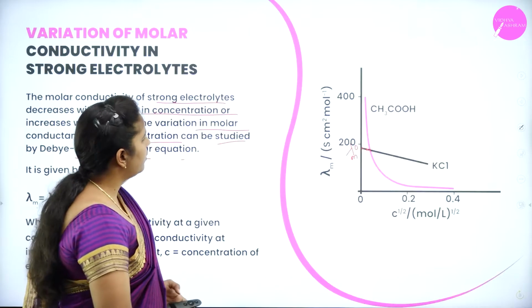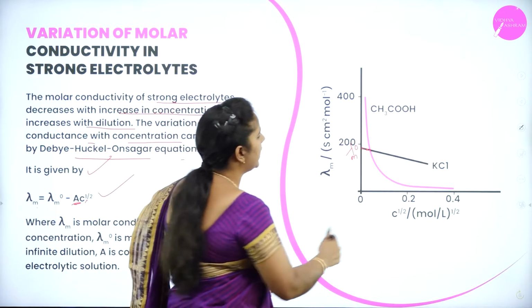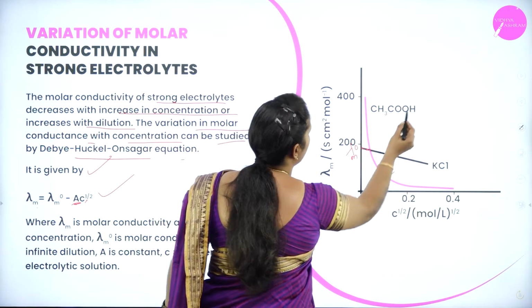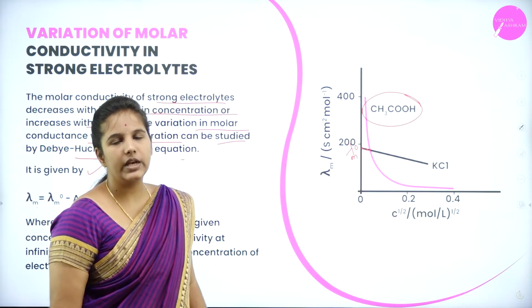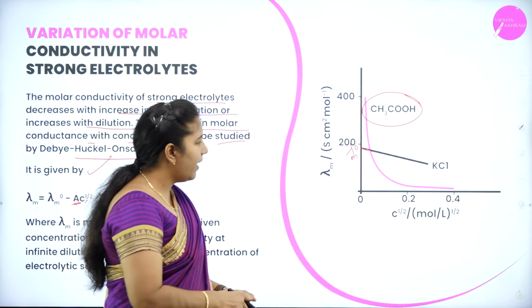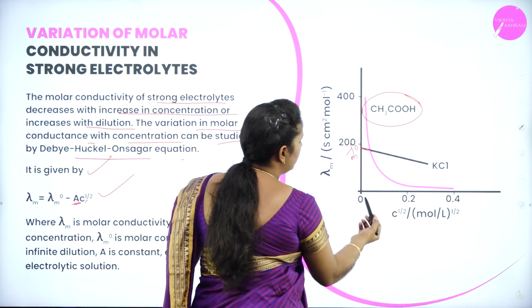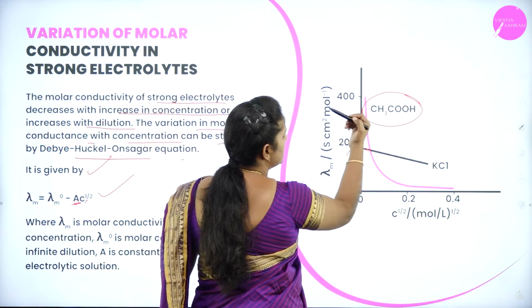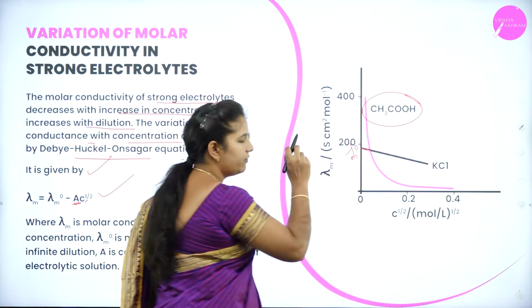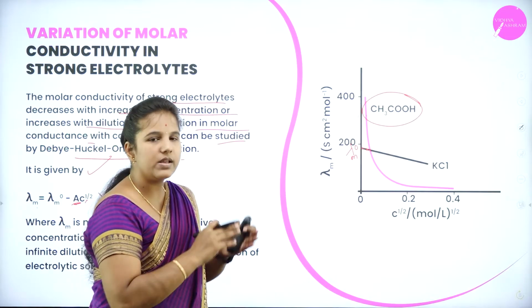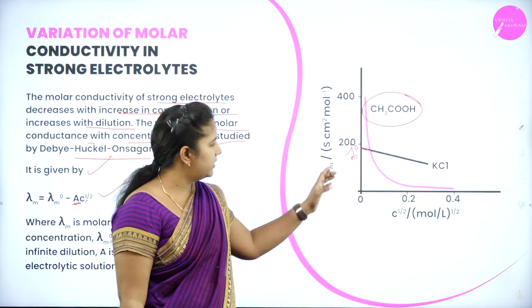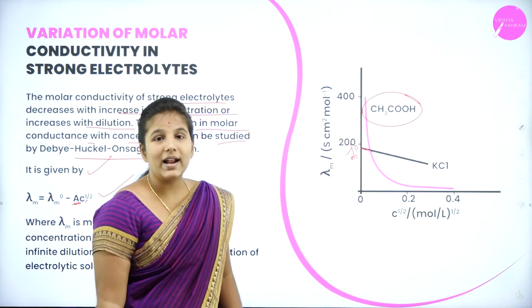For example, if you take this graph, it is for the weak electrolyte CH3COOH. You can clearly see that when you take the concentration to zero, the graph for the weak electrolyte never matches with the molar conductivity.